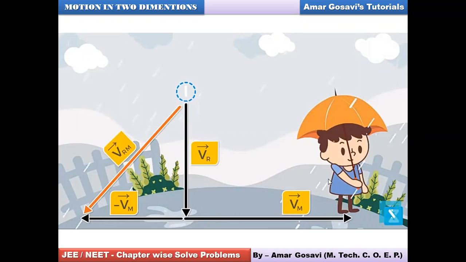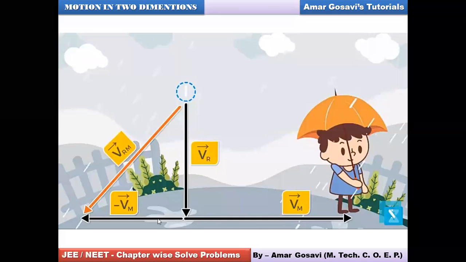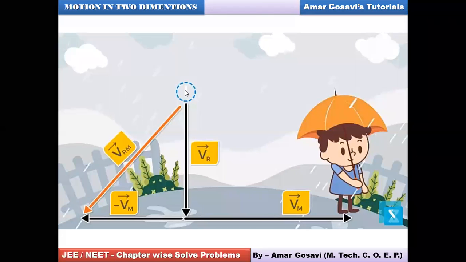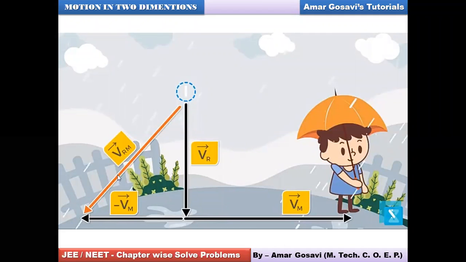The man is moving along the positive x-axis, so Vm. Now, if somebody visualizes with respect to the raindrop how the man is moving, you'll have to draw a backward arrow. If a bird sits on the raindrop and observes the man moving, it will observe the man moving backwards like this. This is the relative velocity of rain with respect to man, friends.